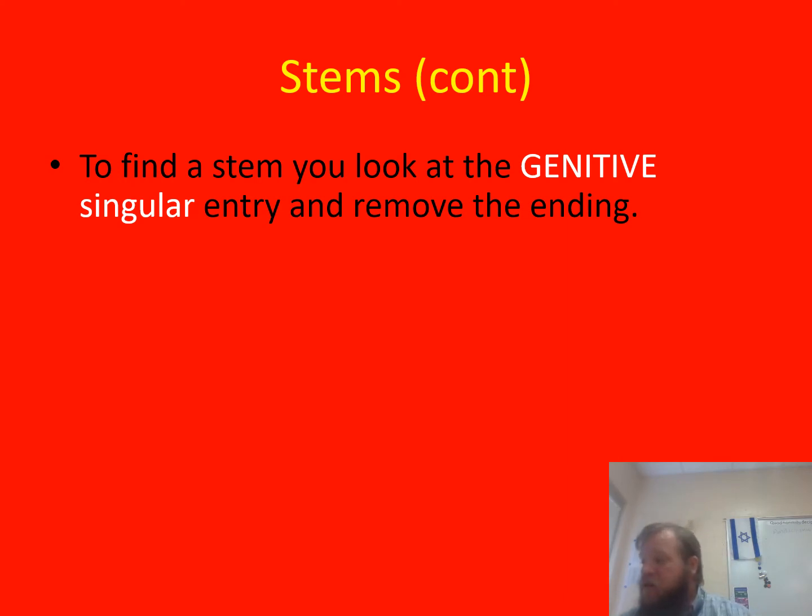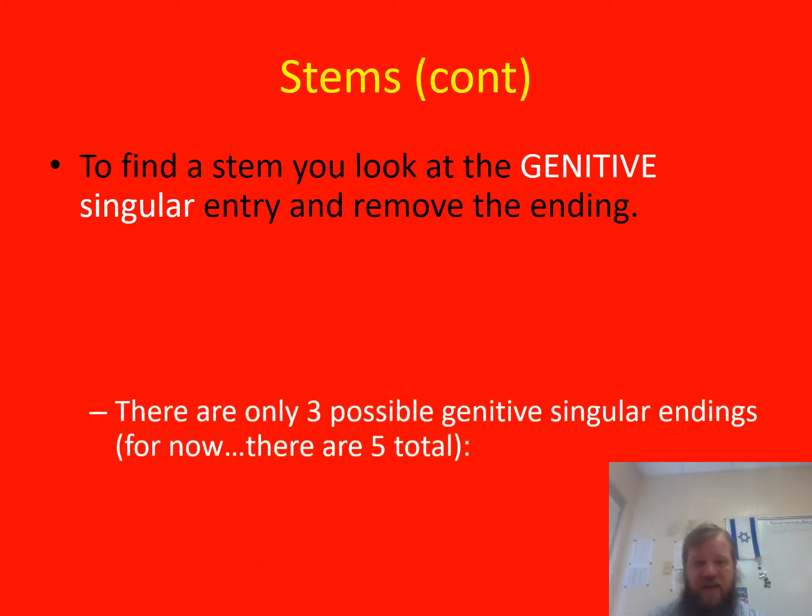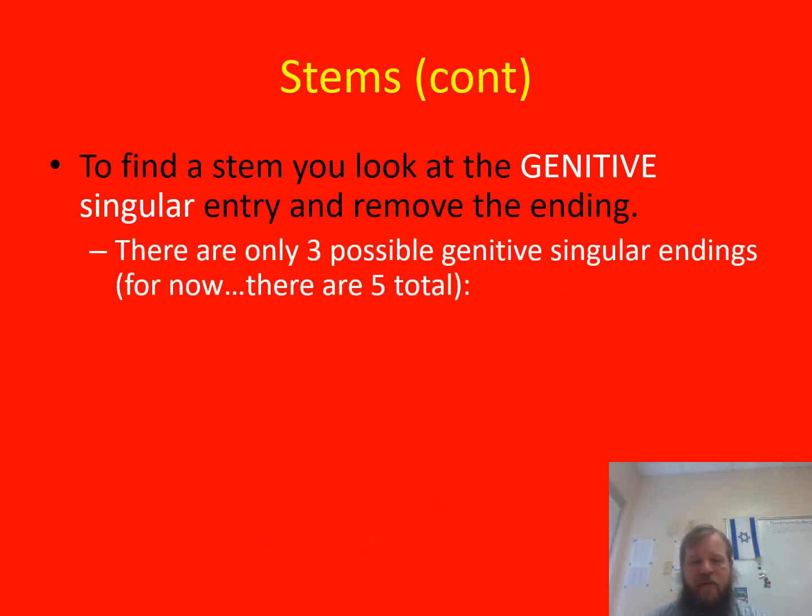What is the genitive singular ending? Yes, we said that it's the second ending. The second ending is your genitive singular. For right now, there are only 3 possible endings there.